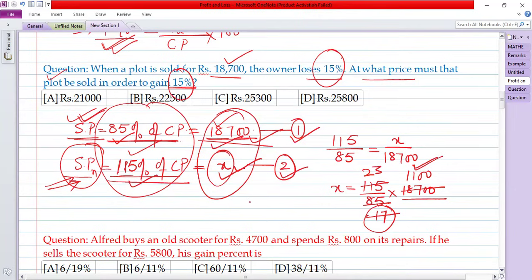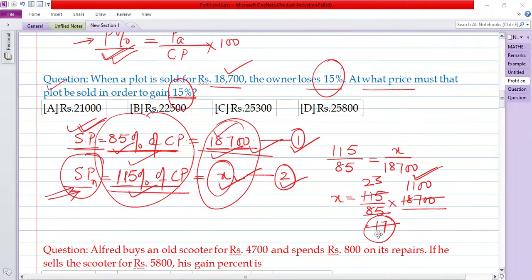This is somewhat coming from the property of how to multiply a number by 11. Please wait. Here this 17 will divide this 18,700, giving 187 times 100. Why? Because I have already discussed how to multiply any number by 11.